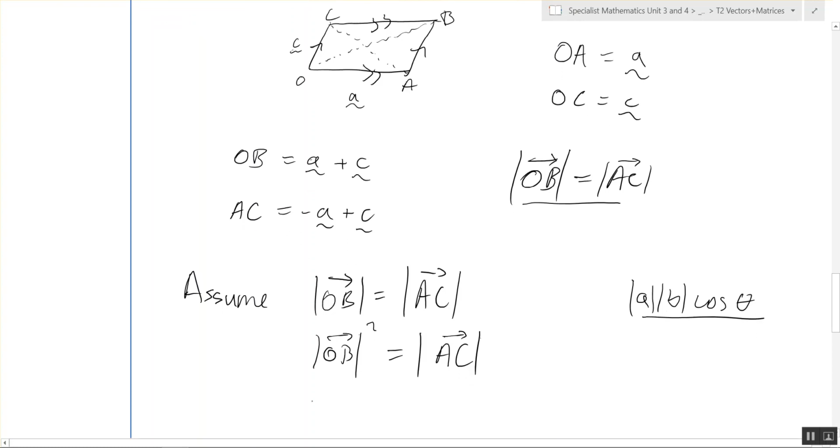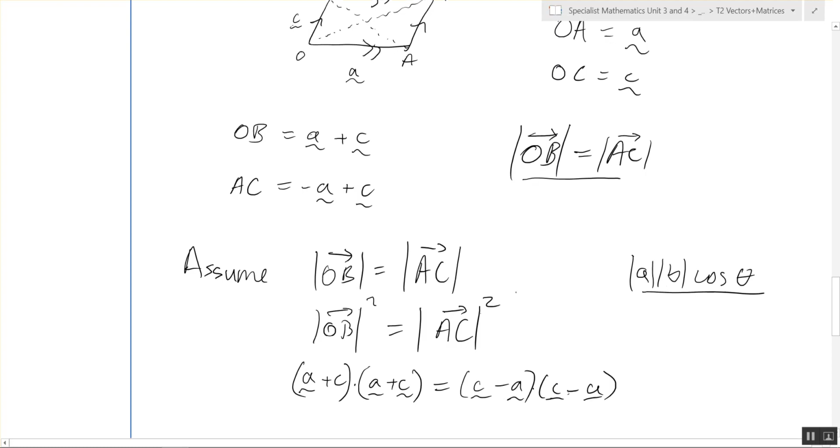So let's do OB dot OB equals, put the positive first.